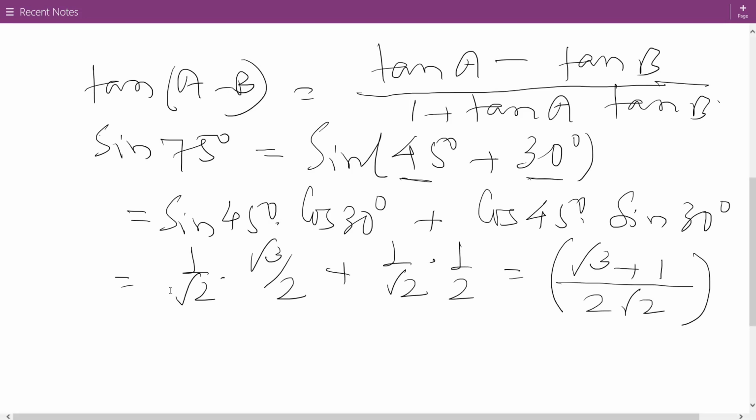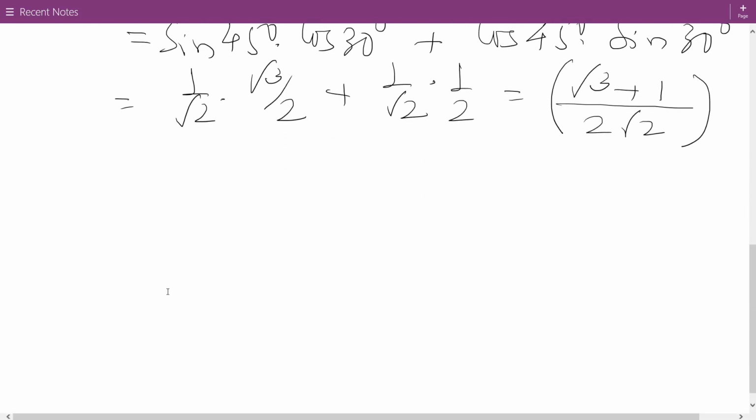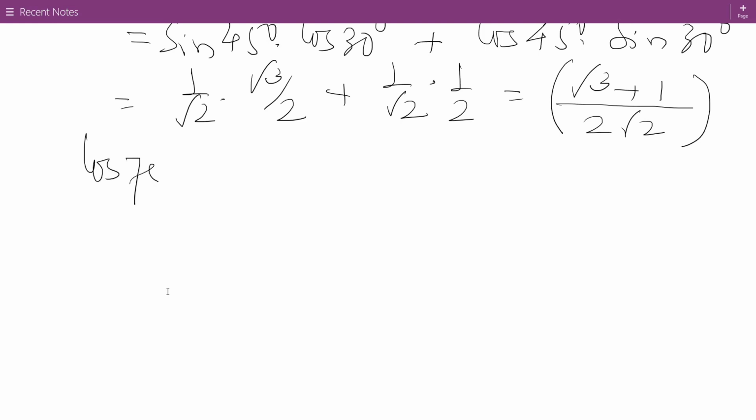If you find the value of cos 75, simply you write cos 75 degree.